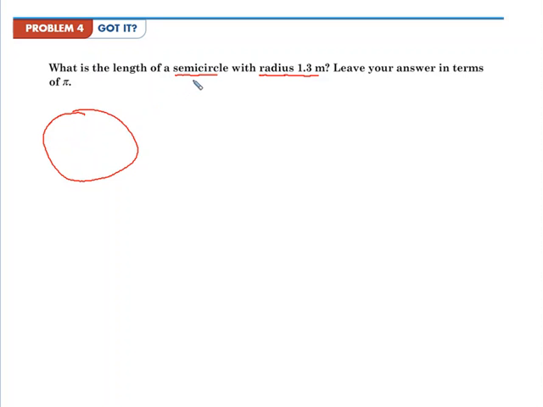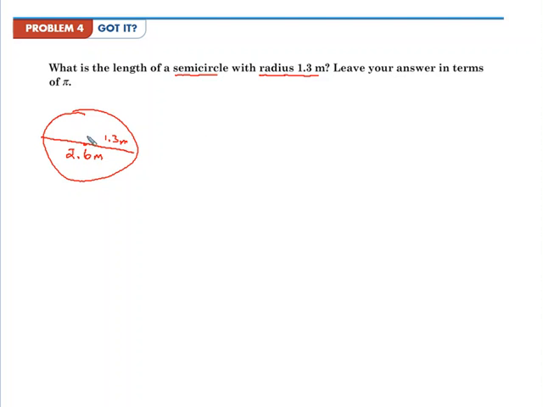And a semicircle means that really this is half, right? We're finding the length of half of the circle. And since the radius was 1.3 meters, that would mean that the diameter would be double that. So 2.6 meters is the diameter all the way across.